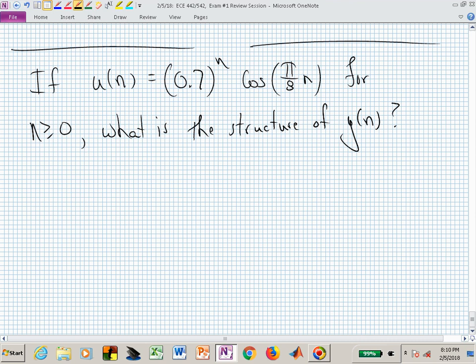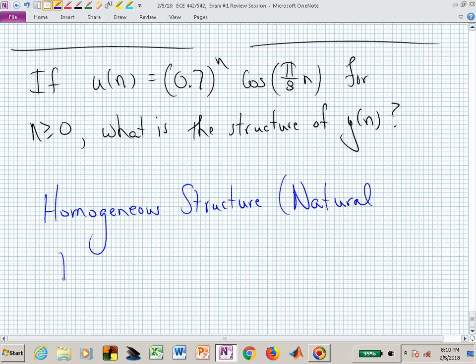Could you find the way this system naturally wants to move without u of n? Can you find the homogeneous, or what does that even mean? This is now actually the natural behavior of the system.